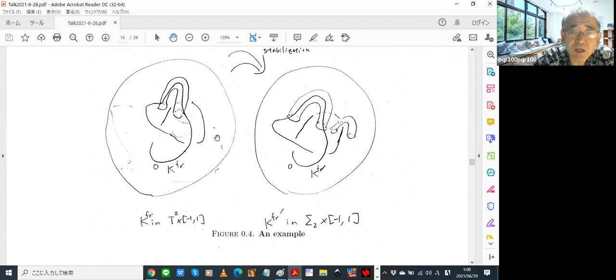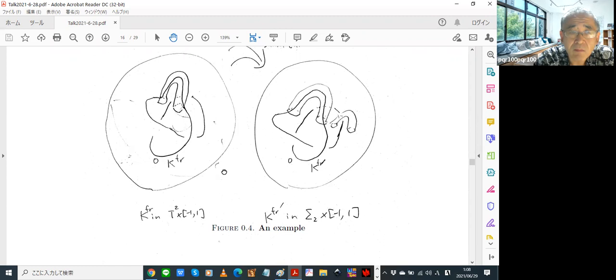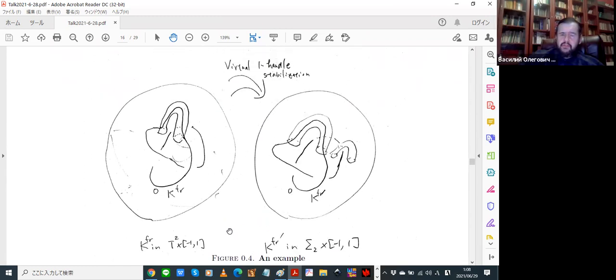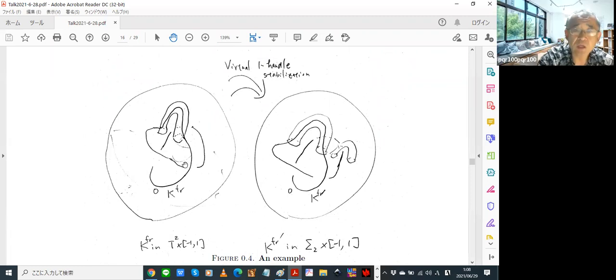Roughly speaking, three manifold and this stabilization. Do we have a notion of virtual equivalence for manifolds? Consider a surface cross I and regard it as representing a four manifold.